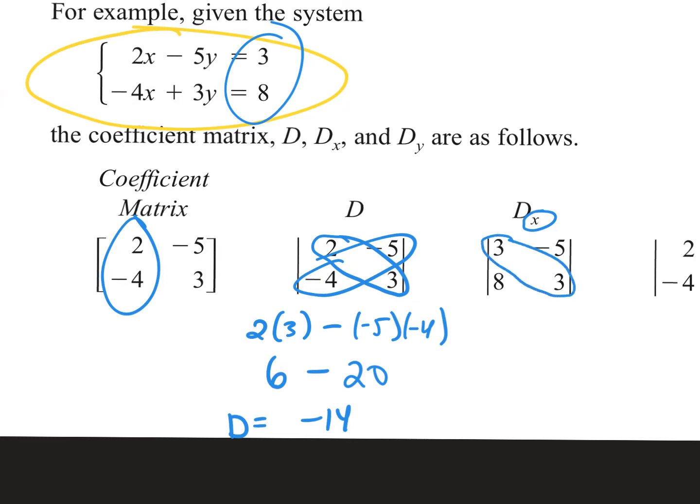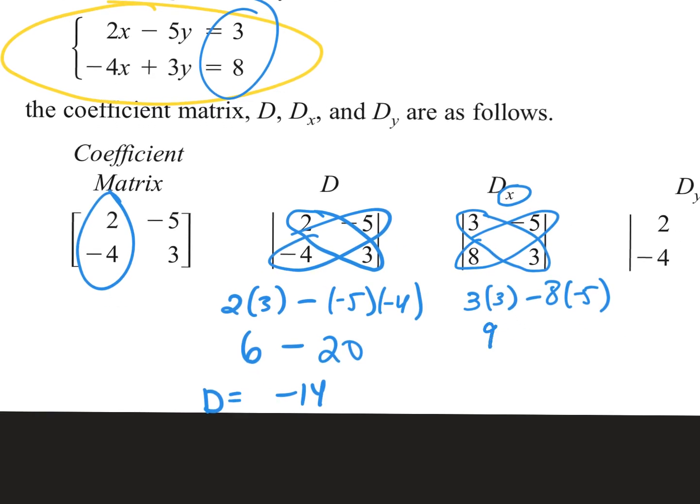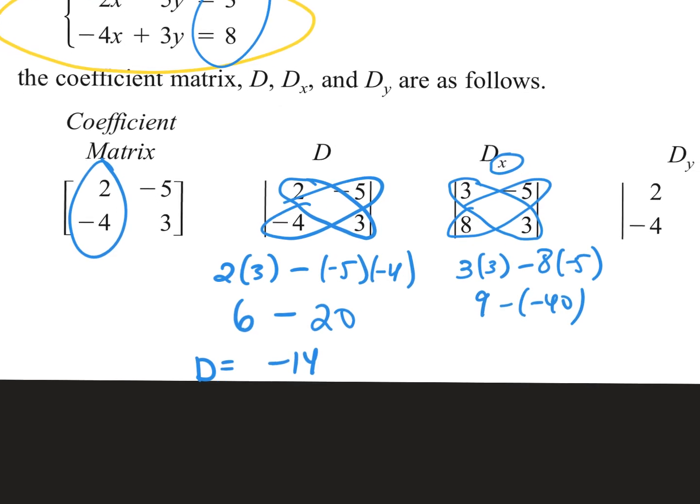It's 3 times 3 minus what? 8 times negative 5, or negative 5 times 8. So what's 3 times 3? 9. Minus negative 40. So 9 plus 40, which is?